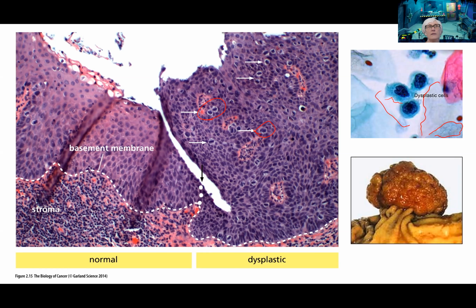This increased ratio of nucleus to cytoplasm may actually also play a role in a cell's metastatic potential, or at least success at being metastatic. And we'll talk about that maybe later in the semester when we dig deeper into the metastatic process.